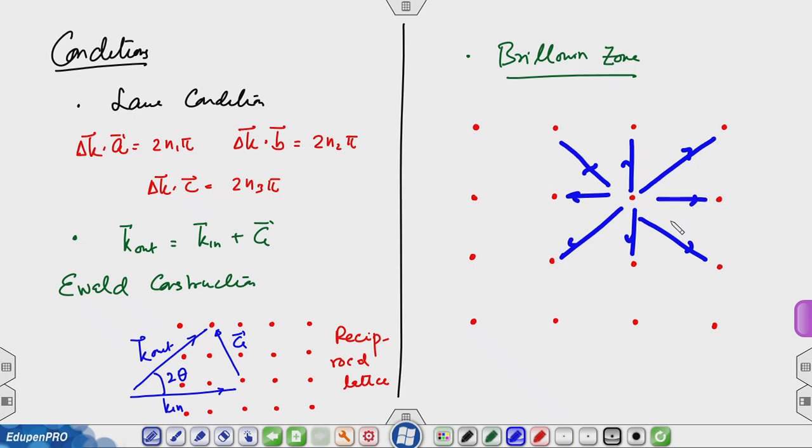I could take more, but this will suffice here. And let me now draw perpendicular bisectors of all these. Then the smallest cell that is made, the smallest cell which is out here, is going to be this.